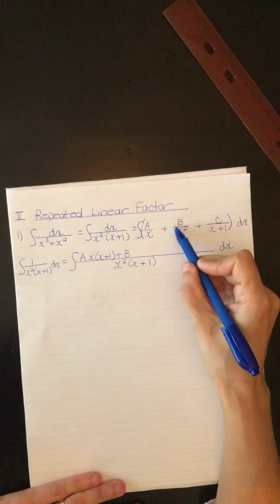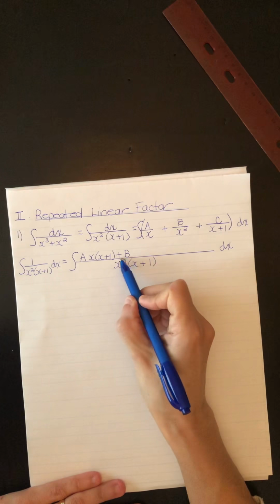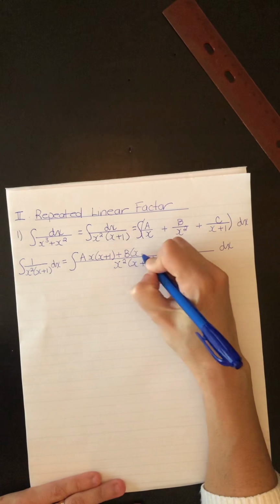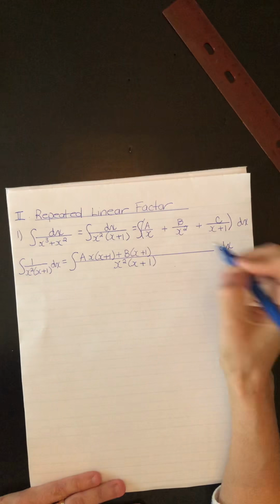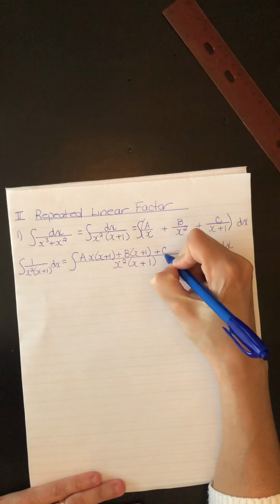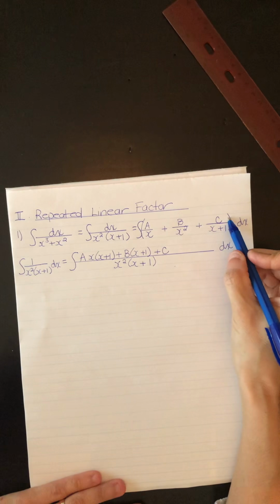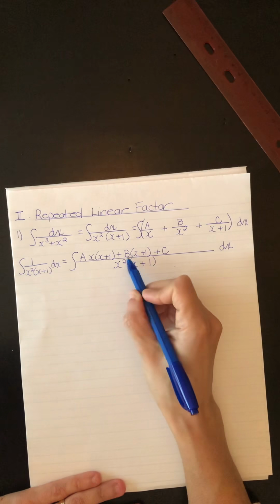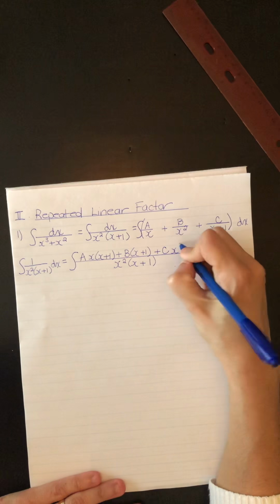Under it currently is x squared, so this whole part is accounted for, so it needs simply an x plus 1. Lastly, plus C. What will we multiply C by? It has x plus 1 under it currently. It requires the x squared.